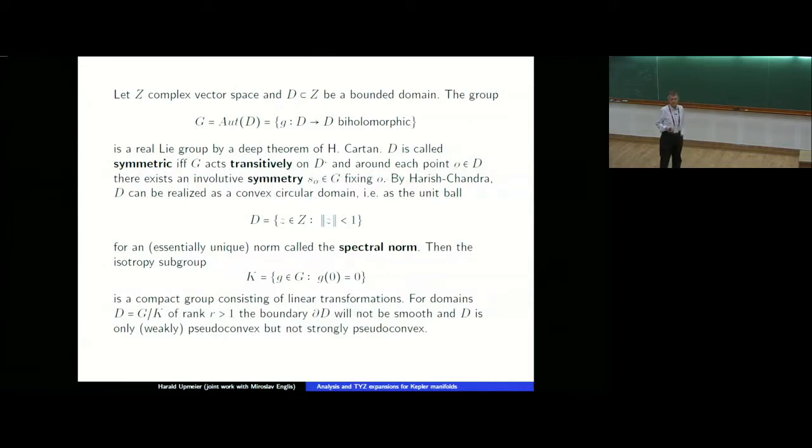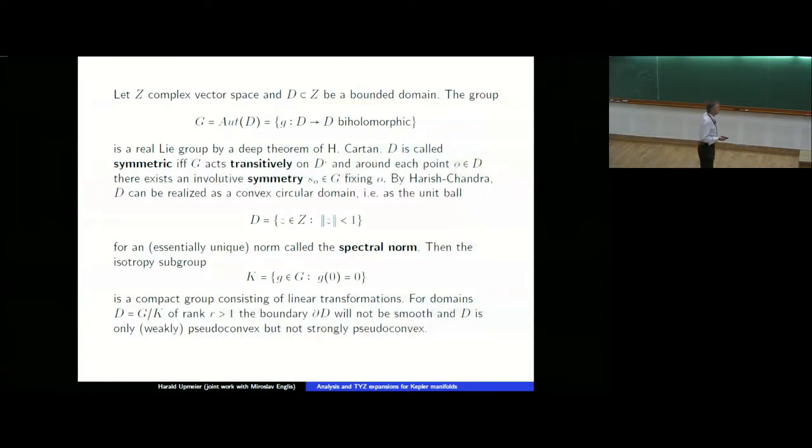This is a real Lie group of finite dimension. It's funny, normally diffeomorphism groups of manifolds or symplectomorphism groups are infinite dimensional, but in the complex setting, it's finite dimensional. It's almost like linear. This domain is called symmetric if this group acts transitively, that is, then it would be called a homogeneous domain.